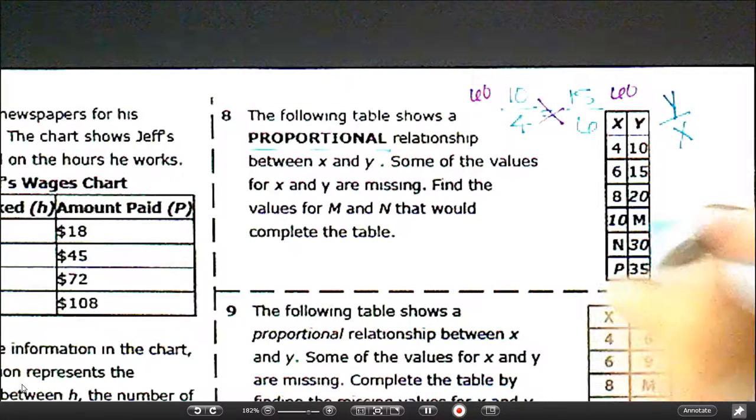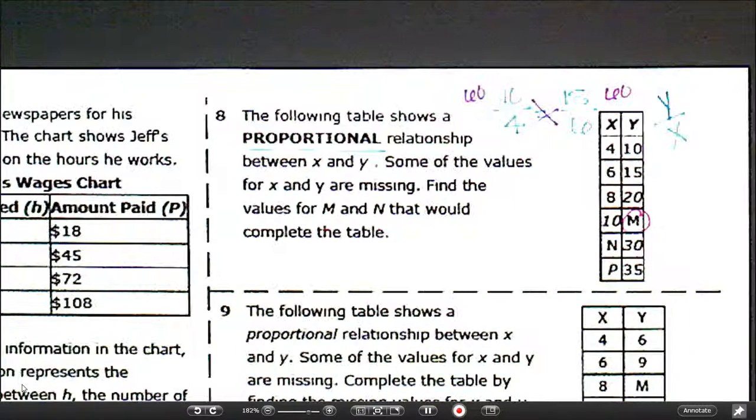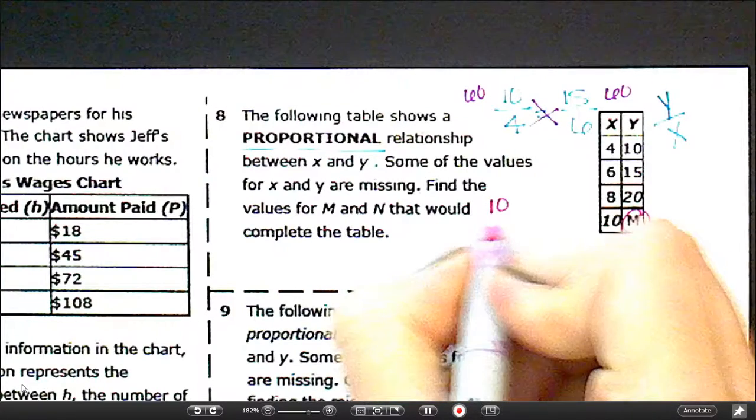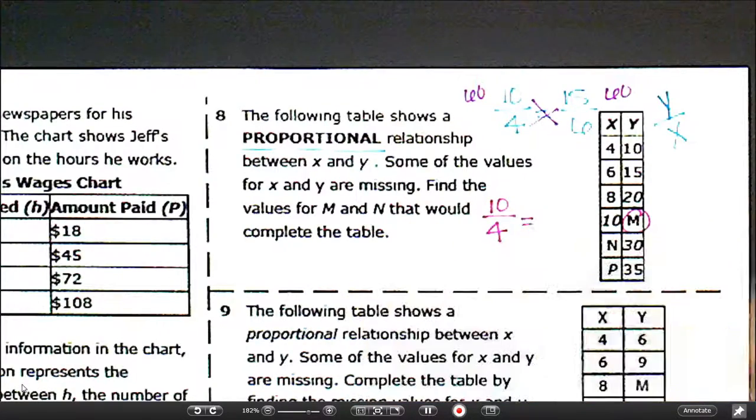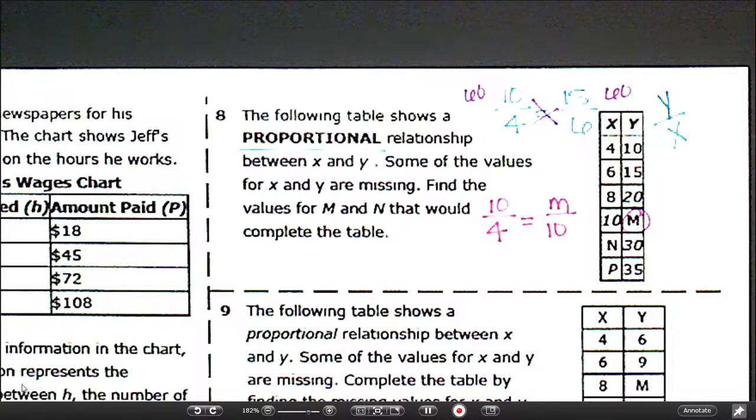So right now I want to go ahead and find m. So let's use the easiest numbers, 4 and 10. So I'm going to use 10 over 4 equals m over 10. So y over x equals y over x.